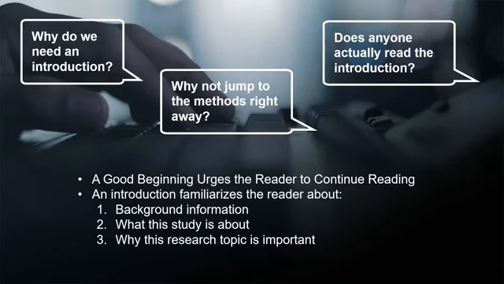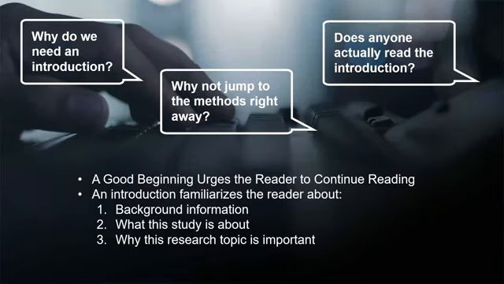The first thing that attracts a reader is the title. If I feel that the title is relevant to my work and what I want to read about, I go in and look at the background information in the introduction section. I want to know what this study is about, and I want to know why this research topic is important.